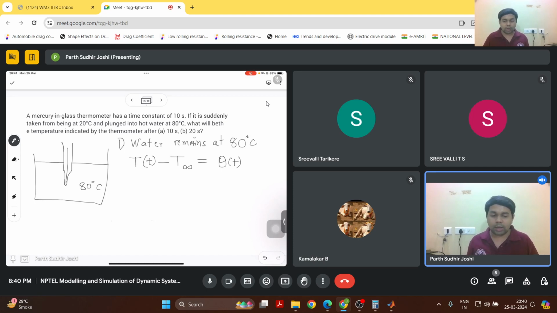How much time it will take to reach 80 degrees Celsius will depend on the time constant of the thermometer. So the differential equation for the thermometer in this case will be d theta by dt is equal to minus k theta.